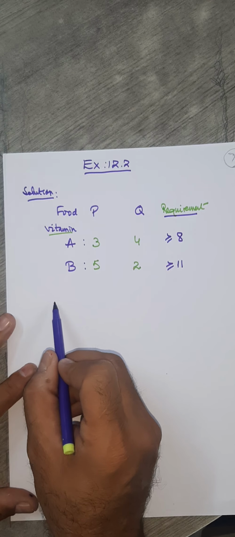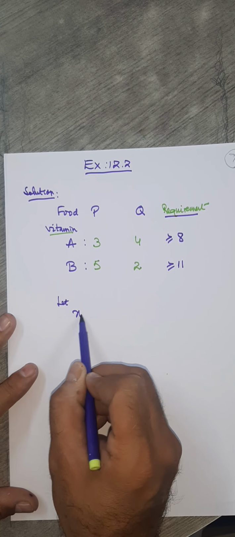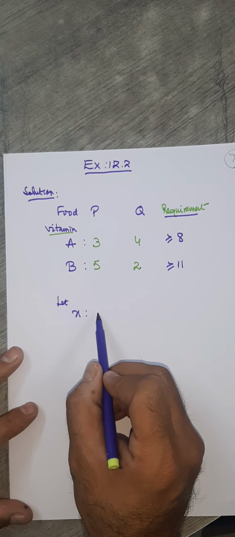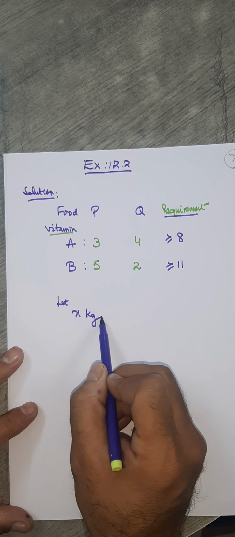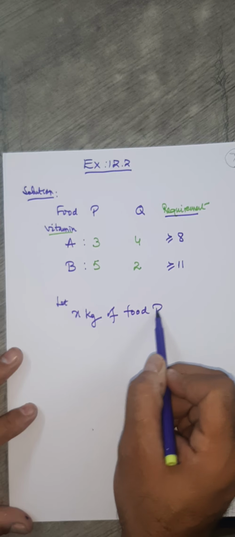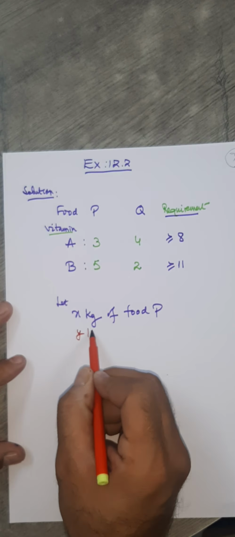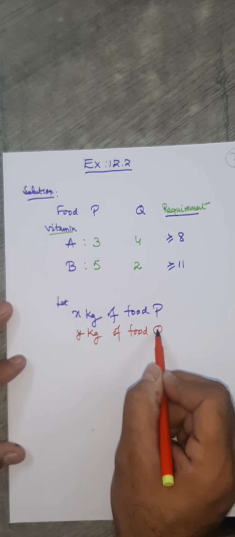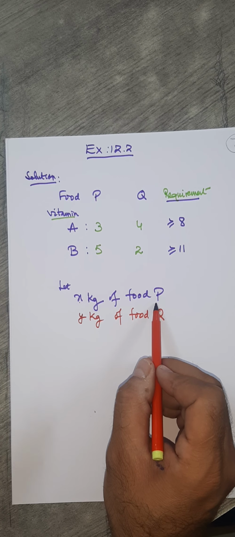So we introduce 2 variables. Let x be kilograms of food P, and y kilograms of food Q. There are 2 foods. Why have we taken x and y?